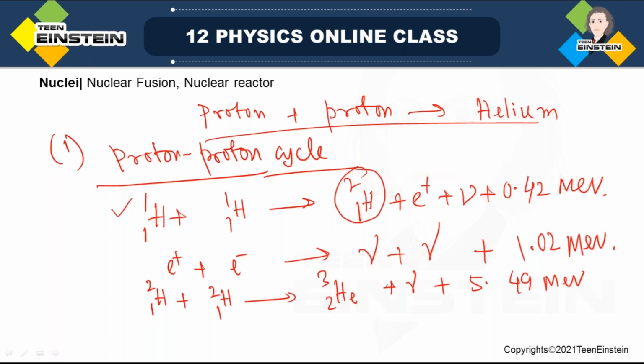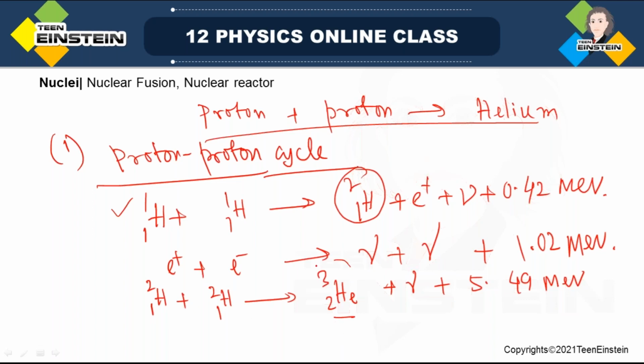So first, protons combine to get deuterium, along with that an energy release. And then two deuterium combine to get this light helium nucleus.